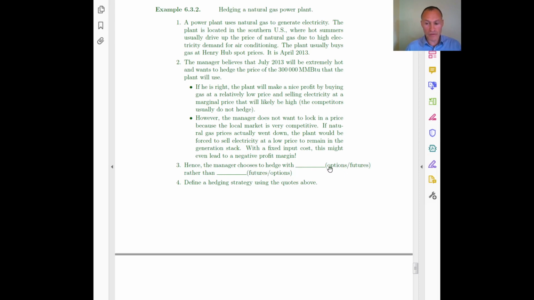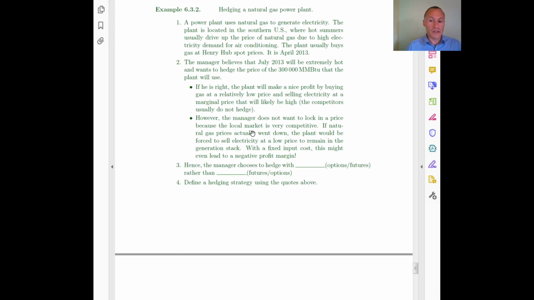Again, the idea is that if you use an option, if the situation evolves in the right way, you benefit. If the market evolves in the opposite direction, you do not lose, because you are not locked into an outcome like you would be if you had chosen a futures. All right.